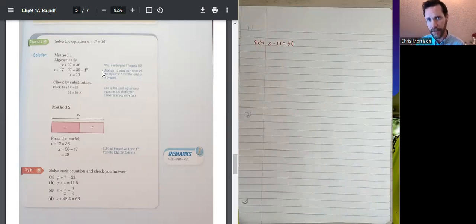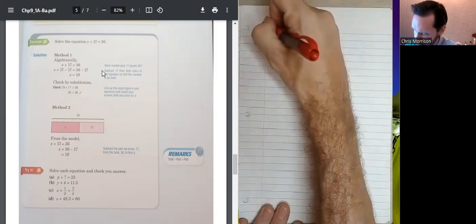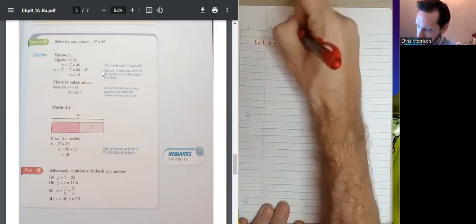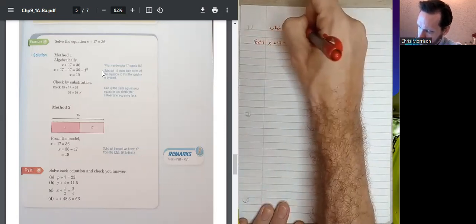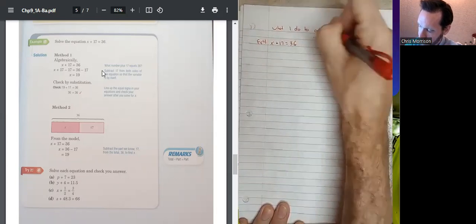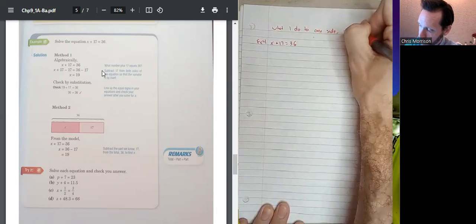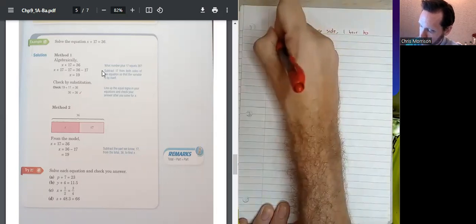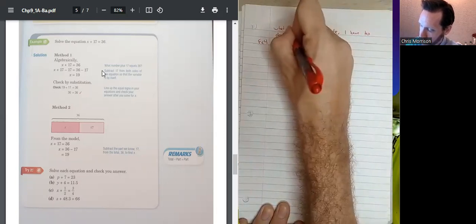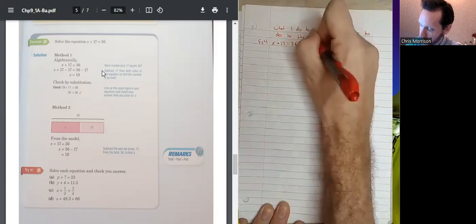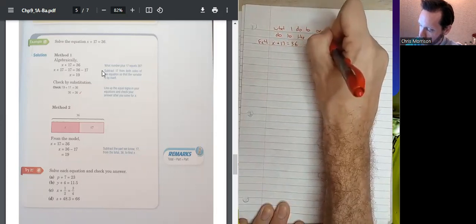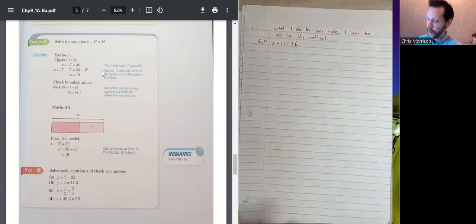What I do to one side of the equation, I have to do to the other. With that principle in mind, I can solve this very easily.